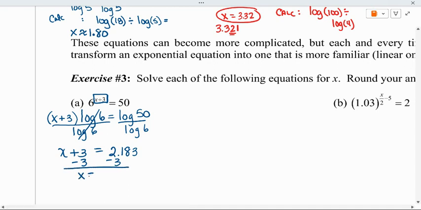So x equals about a negative 0.82. Okay, it's negative. 2.18 minus 3 is negative 0.82.